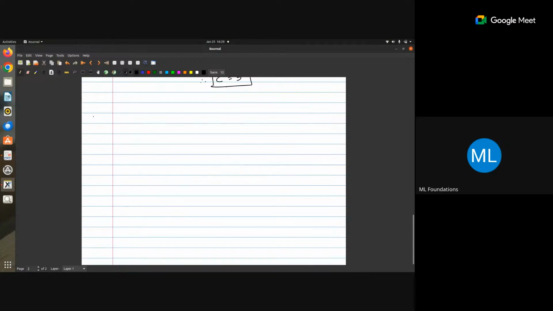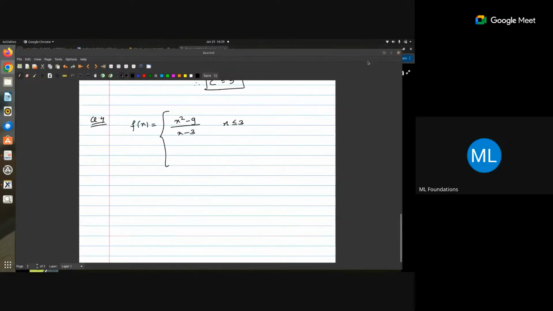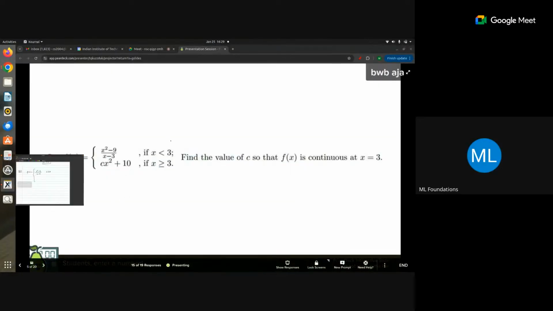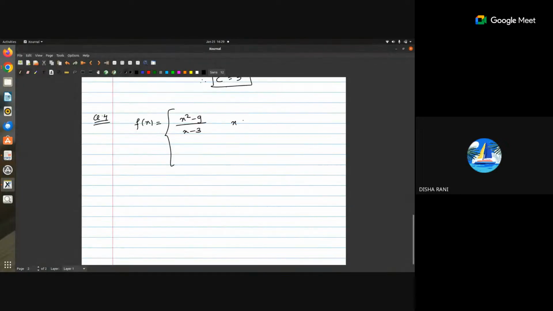Question number 4. Can you tell me the function? X square minus 9 upon x minus 3 if x is less than 3, and cx square plus 10 if x is greater than or equal to 3.